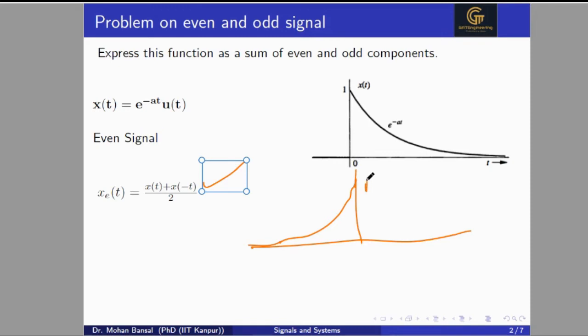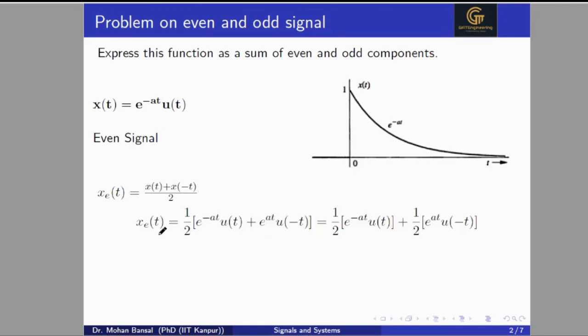Now let's see x(t) equals e to the power minus at u(t). If we replace t with minus t, we get e to the power at u(minus t), that is x(minus t). By separating them, one term is half of e to the power minus at u(t), and the other term is half of e to the power at u(minus t).